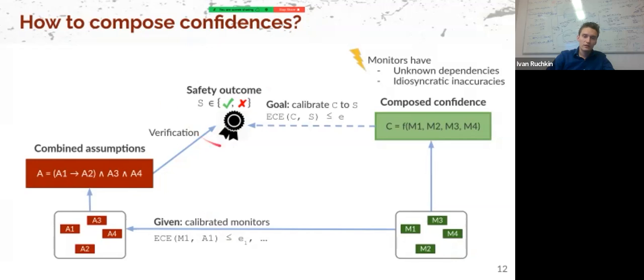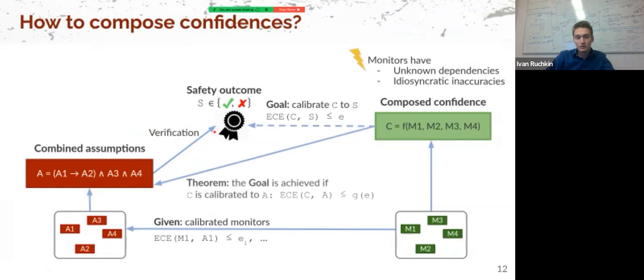Instead of going directly for safety, we will try to use C to predict our combined assumptions, and then use this verification relation to get at safety. And in this paper, we have a theorem that enables that. It says that we will get our goal calibration if we manage to calibrate our C to the assumptions with a bound that is related to the original bound we wanted.